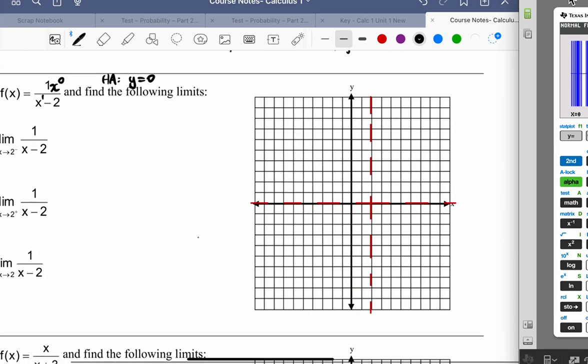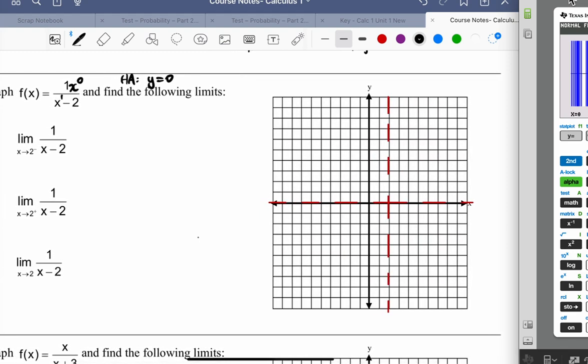All right. Then in terms of the curve itself, you could use some test values. You dump a 0 in there. That's a nice, easy number to work with. You know that you're going to get a negative, which means you're below the axis. Specifically at negative 1/2, if you want to be a little bit more precise, that's fine.